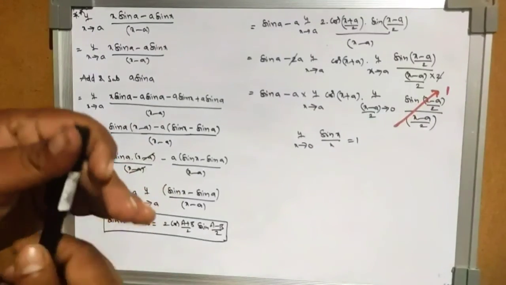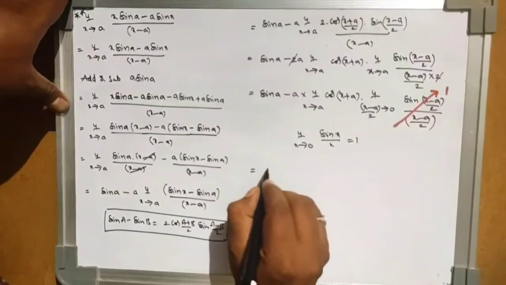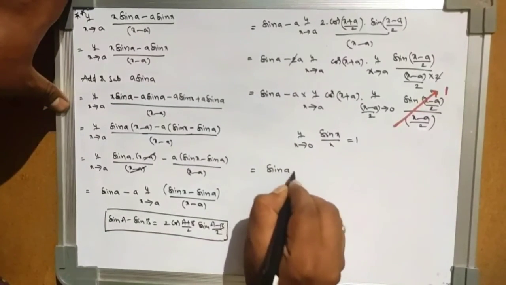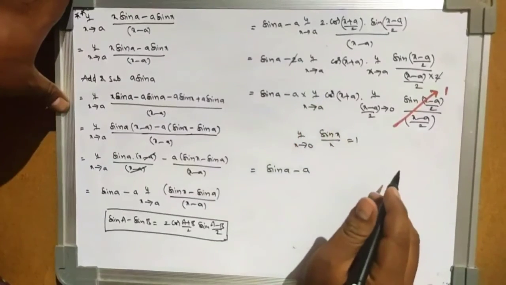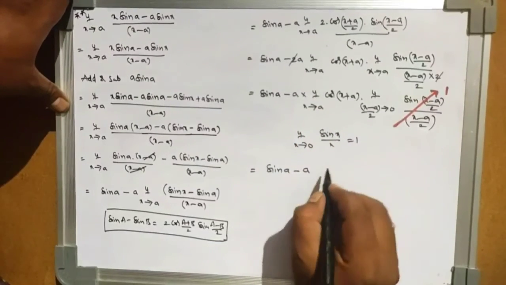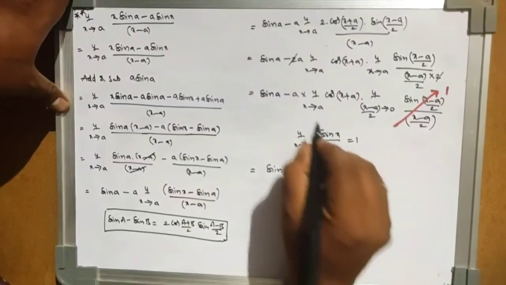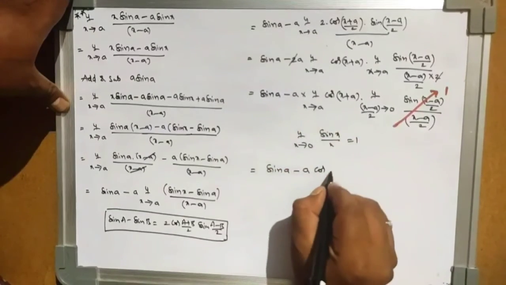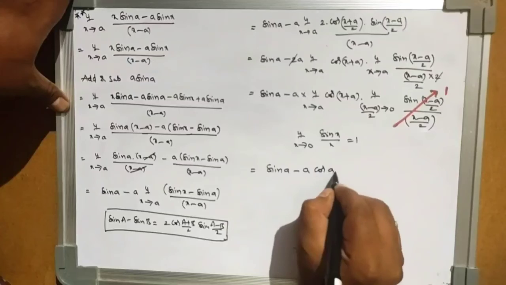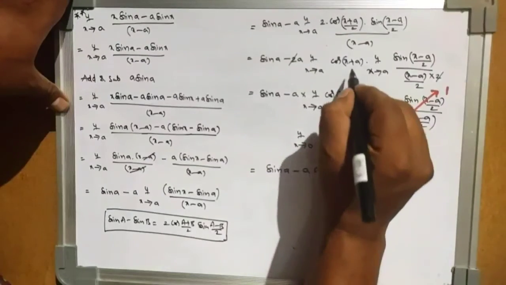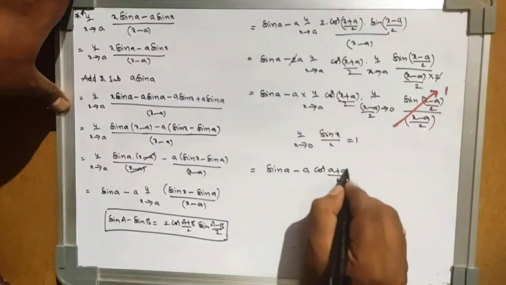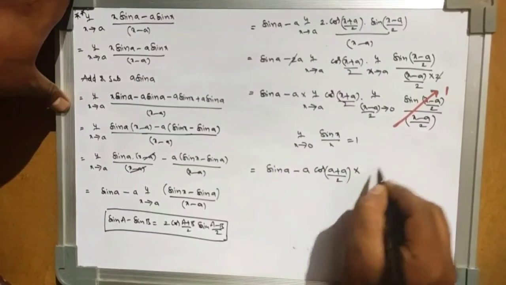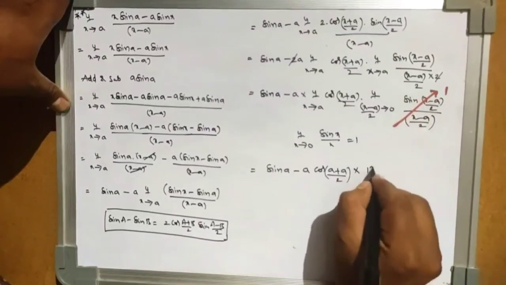So now apply the limits here. It is sin a minus a into, limit x tending to a, if you apply the limit here, it becomes cos, write a in place of x, a plus a, sorry, by 2 is here, I forgot, (a plus a) by 2 into 1.